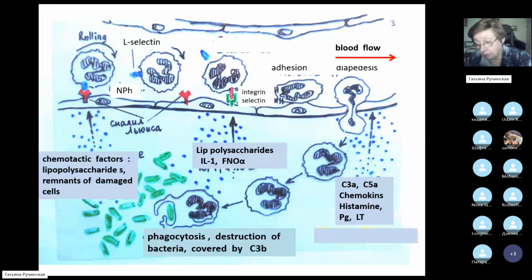And if you remember the beginning of emigration of neutrophils, after 2 hours after injury, this is the time period of venous hyperemia, and during venous hyperemia there is decreased blood flow velocity, and you see there is adhesion.